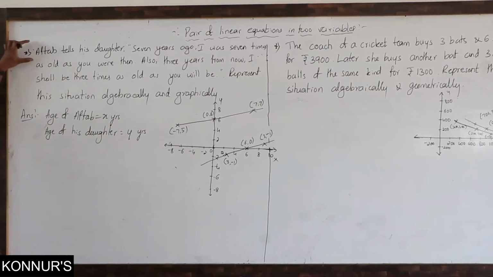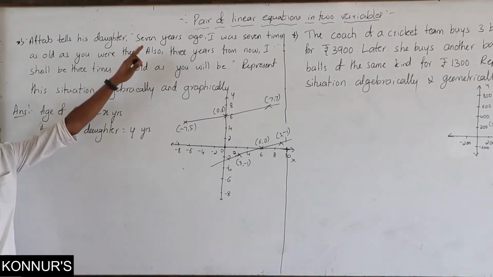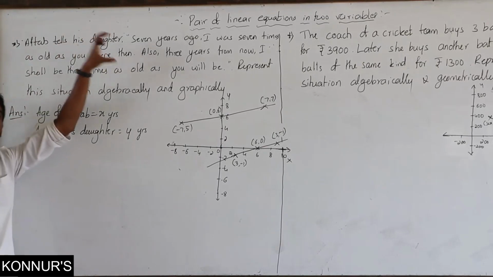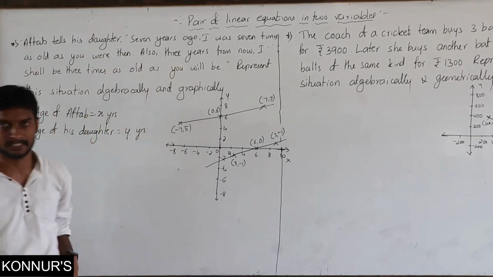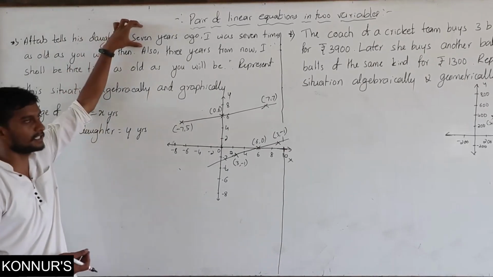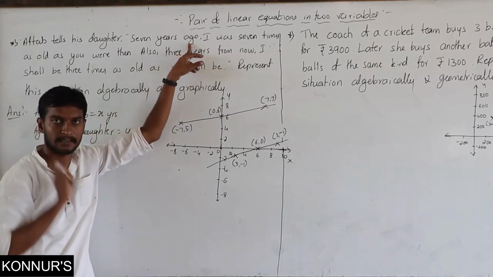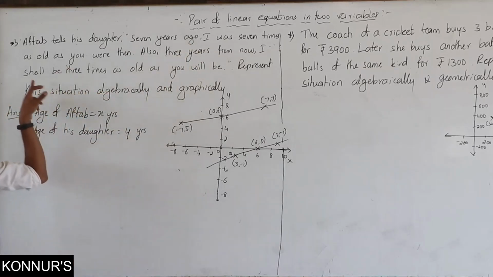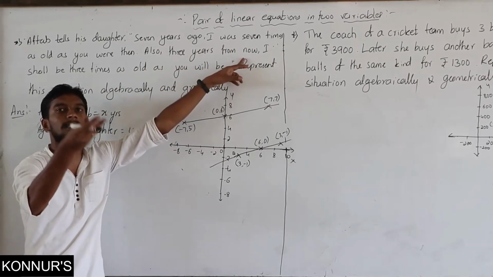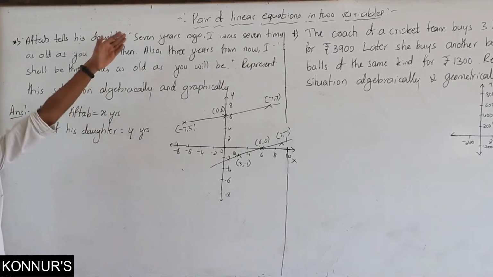The first condition is what Aftab tells his daughter, 7 years ago. We are going to solve a pair of linear equations, meaning we are getting two linear equations here. For the first linear equation we have the condition 7 years ago. And the second equation is after 3 years, 3 years from now. So the first condition is 7 years ago.